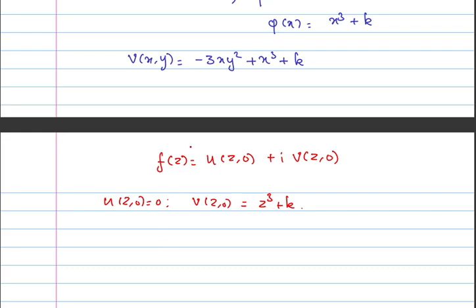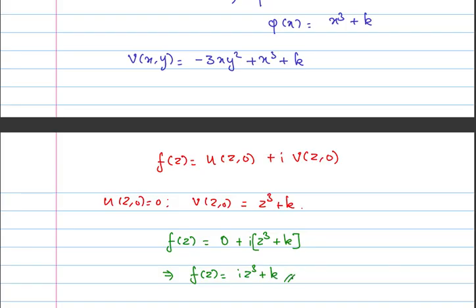Now f of z is u of z comma 0, which is 0, plus i times v of z comma 0, which is z cube plus some constant k. So our required f of z is i times z cube plus k.